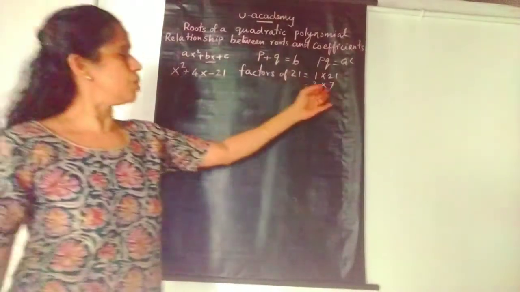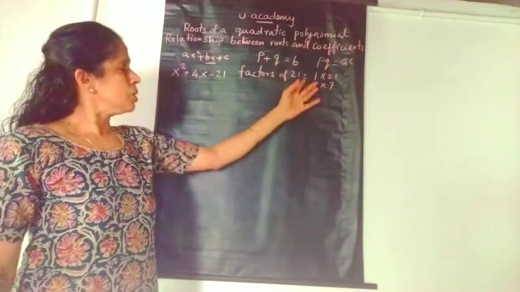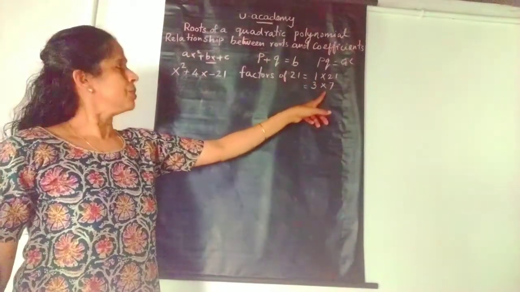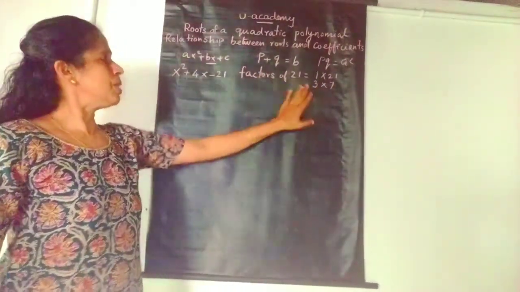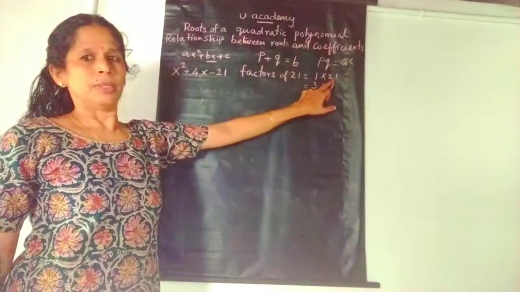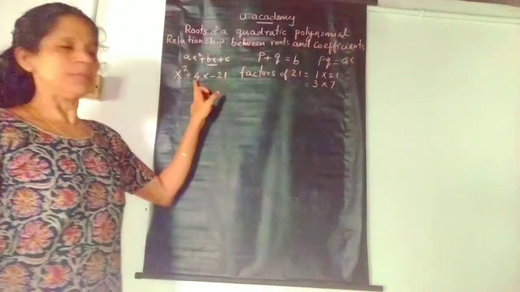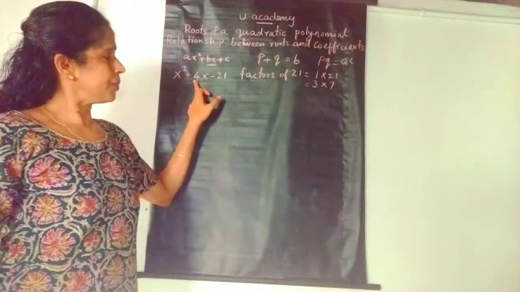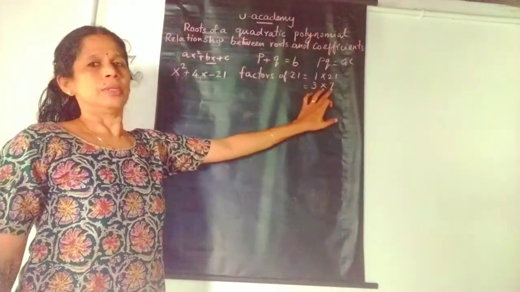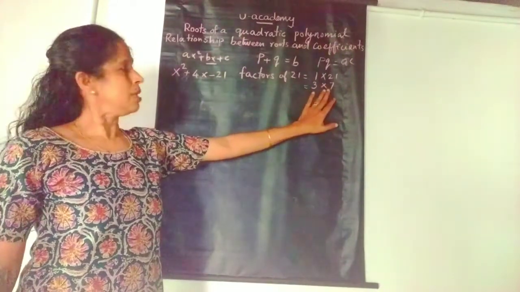These two are the factors. So 1 into 21 is one set, another set is 3 into 7. Let us see which one is possible here. So 1 plus 21, that is 22. The middle term is not 22, it is 4 only. So here 3 into 7. So 3 plus 7, 10.